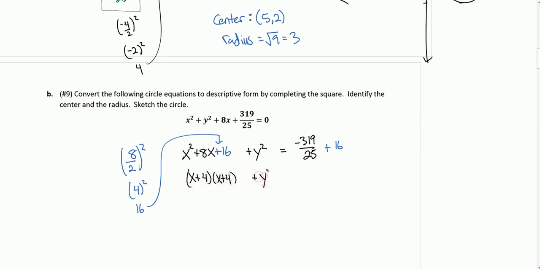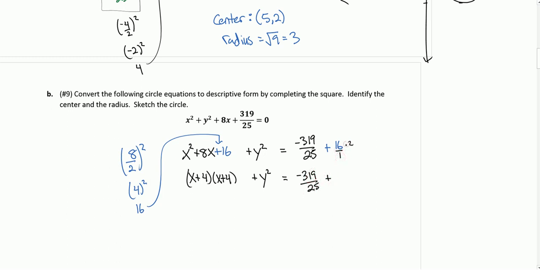We have a y squared, which we didn't need to complete the square because there wasn't any y term, just a y squared term. And then we want to begin adding the fraction with 16. So negative 319 over 25 plus, we had 16 over 1.